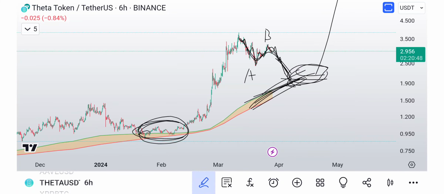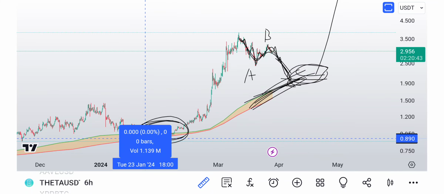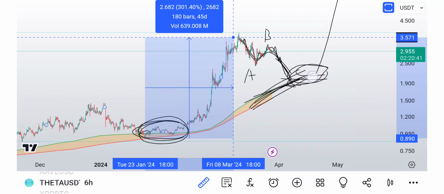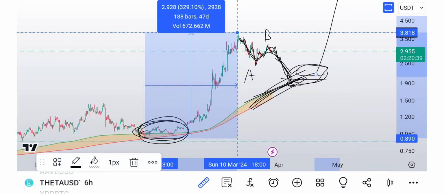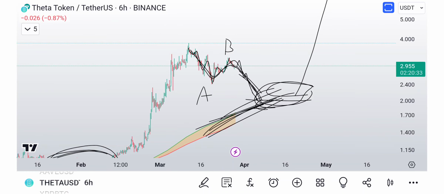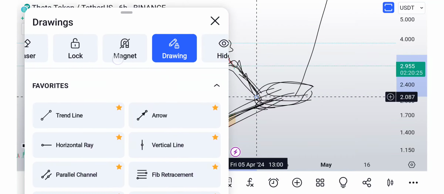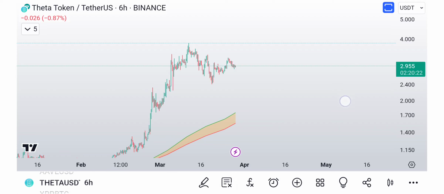Now, Theta is one of those charts that went from the bottom here all the way up about 330%. So that was a pretty substantial rally. So to get a three-wave pullback in an ABC would be normal and even possibly likely. But we don't have to get there.